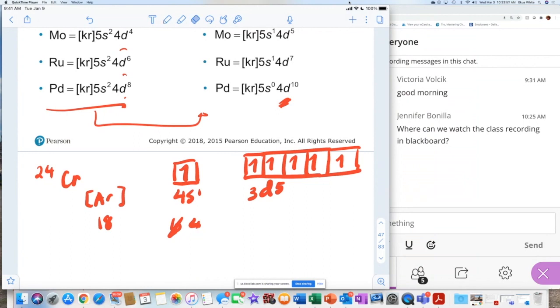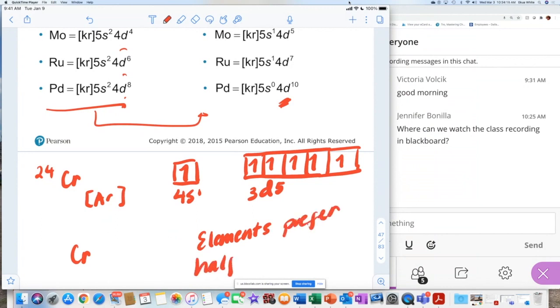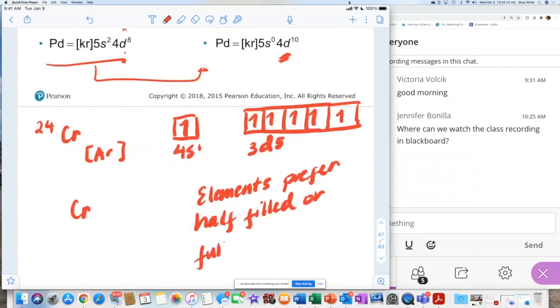Anyway, so scientists are thinking, well, we think the reason why chromium likes this is because of other results they saw. Scientists noticed that elements in general prefer half filled or fully filled sublevels.